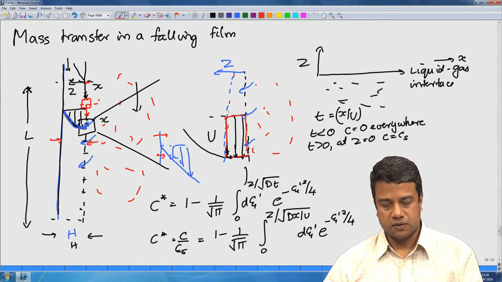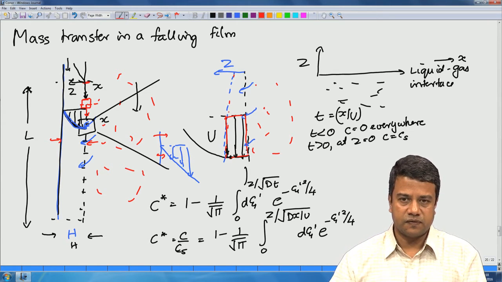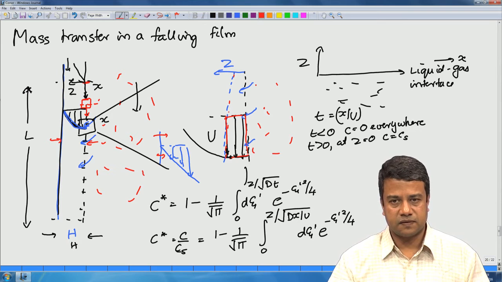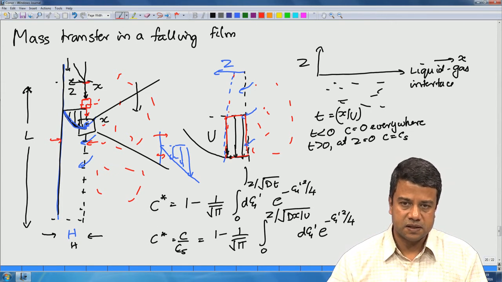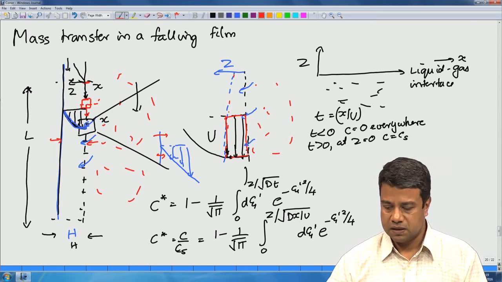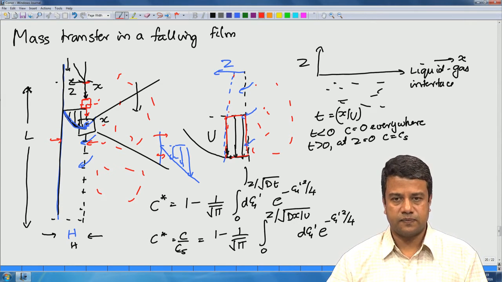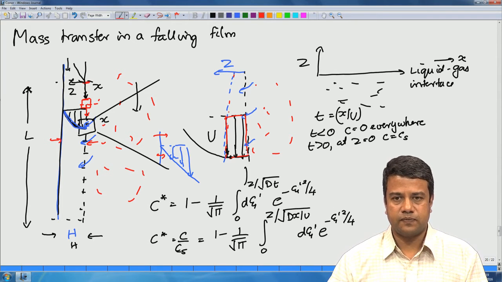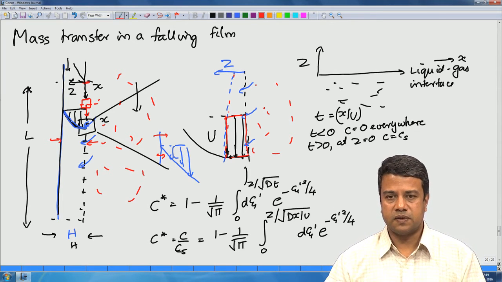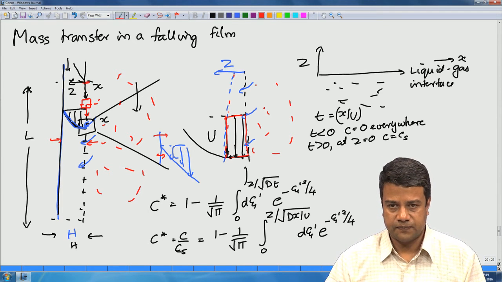The assumptions are that close to the surface there is transport of mass, and the penetration depth of the mass into the film is much smaller than the thickness of the film, so that the film can be considered to be an infinite film. Also, close to the surface, since we have a zero shear stress boundary condition, the velocity gradient is 0. Therefore, the velocity close to the surface is approximately a constant, because the slope is 0. Therefore, I can consider this to be a fluid that is moving at a constant velocity.